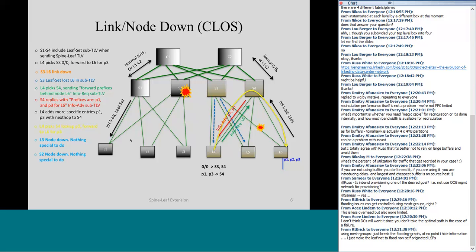There's nothing you can do, and the default route will obviously only point to S1 in this case. So when we are solving the massive flooding problem, in particular a node down causing a lot of flooding, in this treatment a node down has zero flooding. There's no flooding at all.